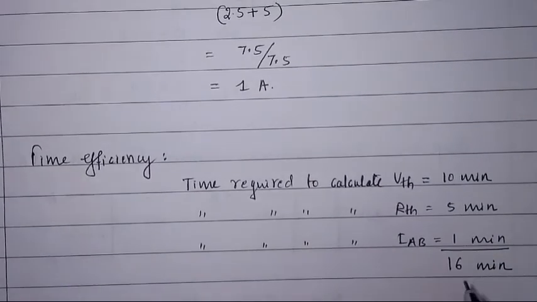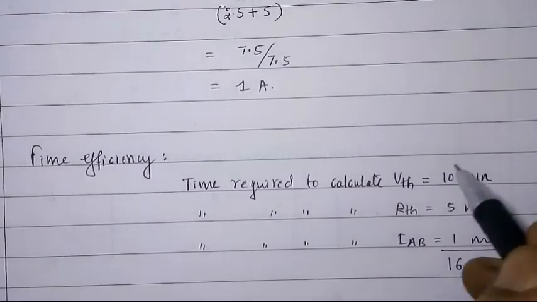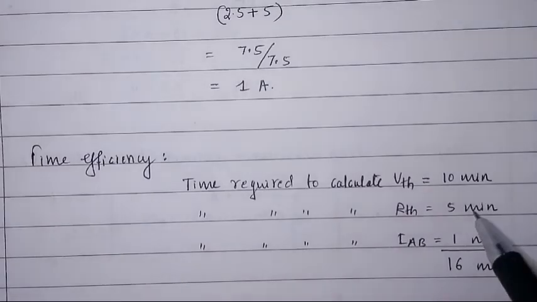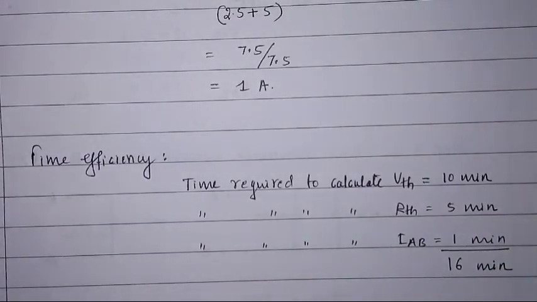If we have to find IAB for 1000 different resistor values connected to terminals A and B, then these calculations we will not have to repeat. These will remain as they are.